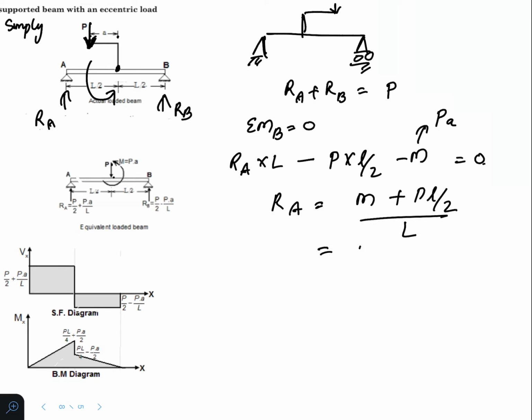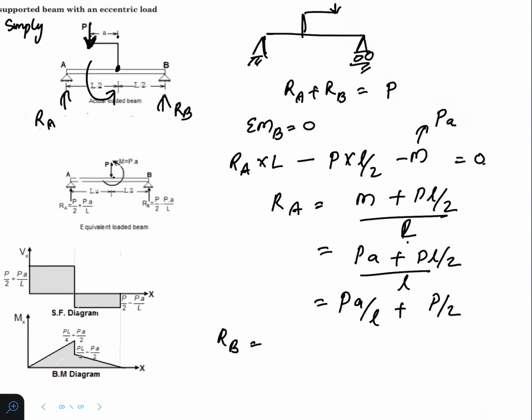So with M as Pa, we will have Ra equal to (Pa plus PL by 2) by L, that is Pa by L plus P by 2. Then we will have Rb is equal to P minus Ra.